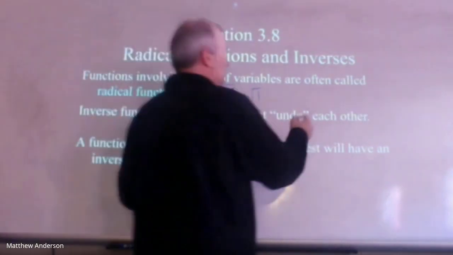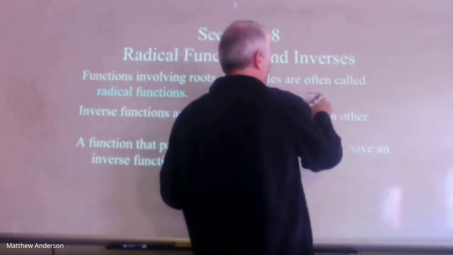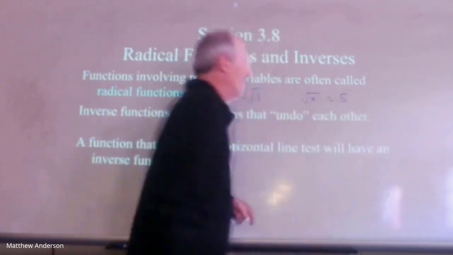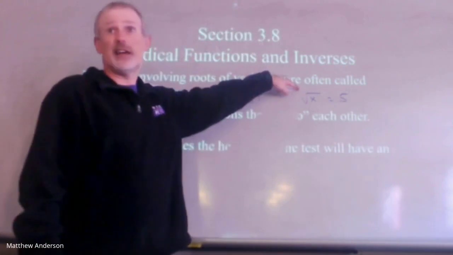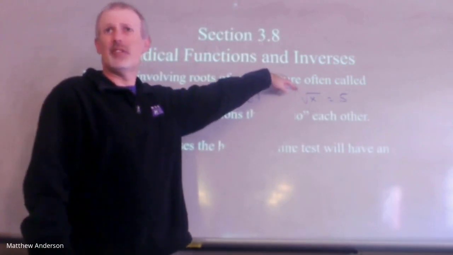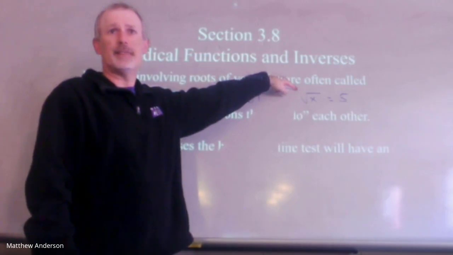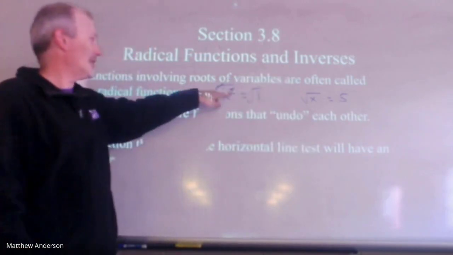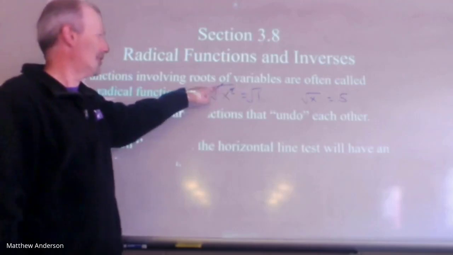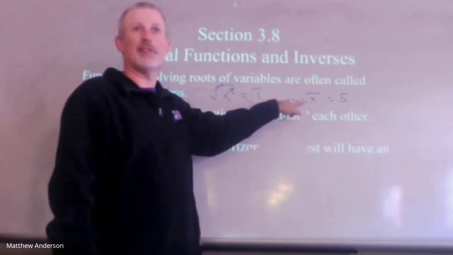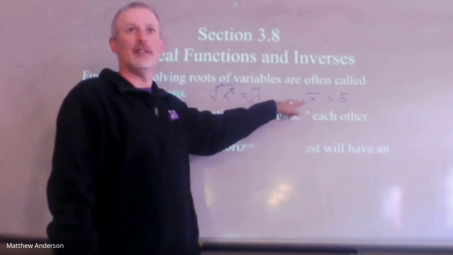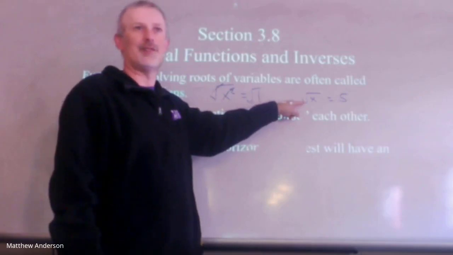Well, the same thing happens this way. If we have the square root of x equals 5, let's say, and I want to cancel out the radical sign, what do you think I might do? Any ideas? If this cancels out this, what do you think might cancel this one out? It's very tricky.